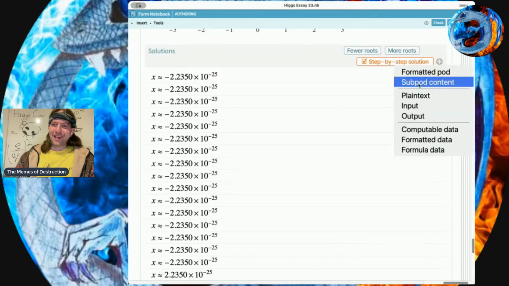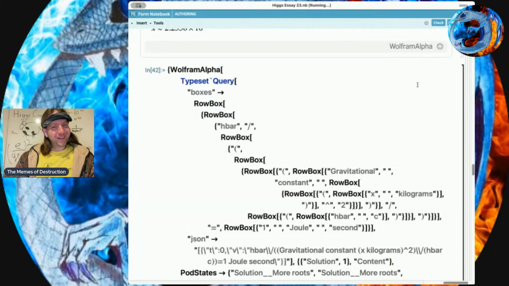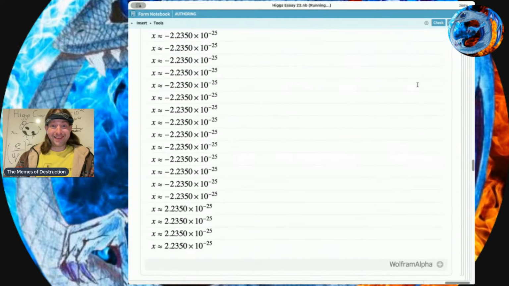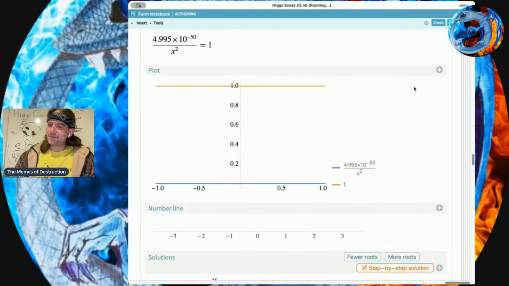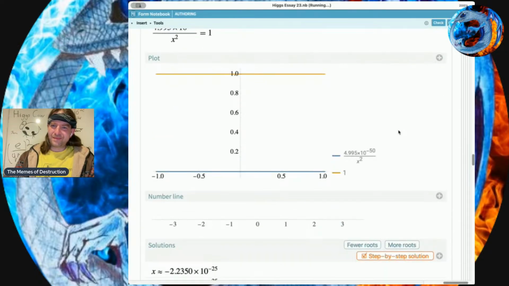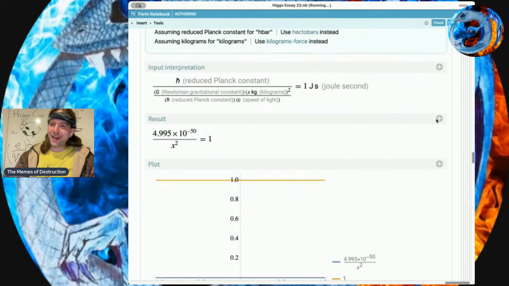I think it needs to give me that many roots. Very often I just use the website. I mean, it's not really conveying much more.